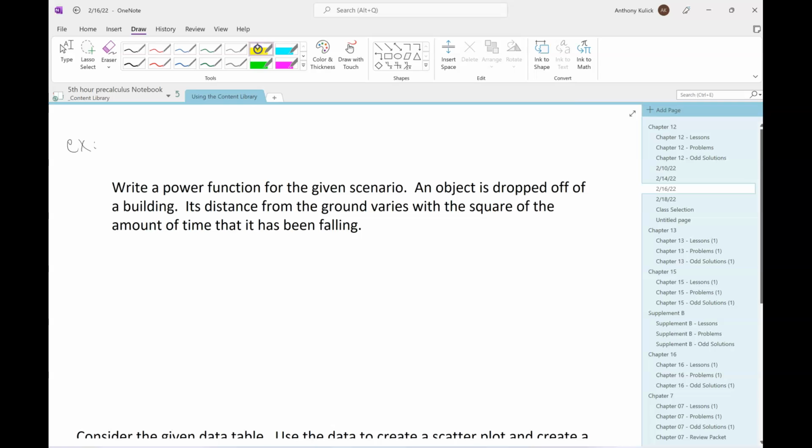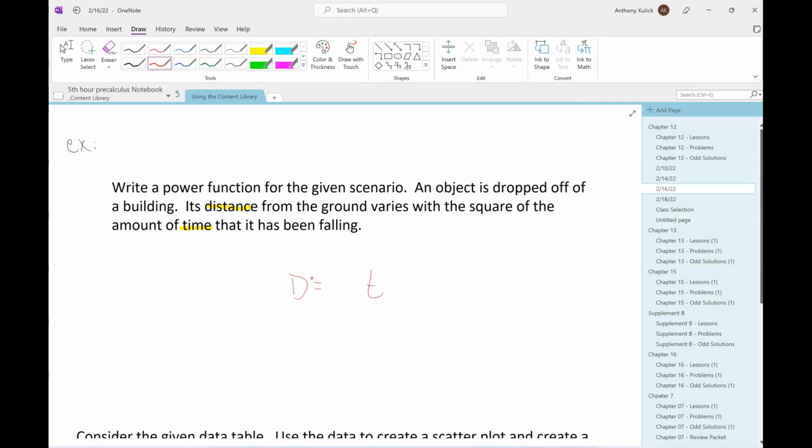So distance is varying with time, right? Everybody pick that out of there. So what is my independent variable going to be here? Time. And our dependent variable is? Okay. So I know I'm going to have d is equal to something t, right?